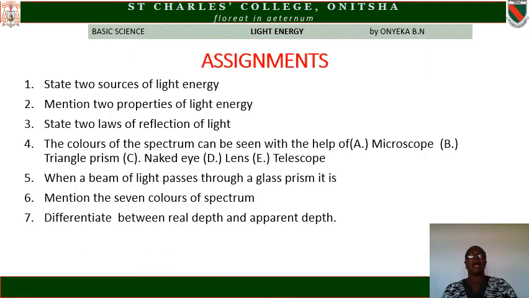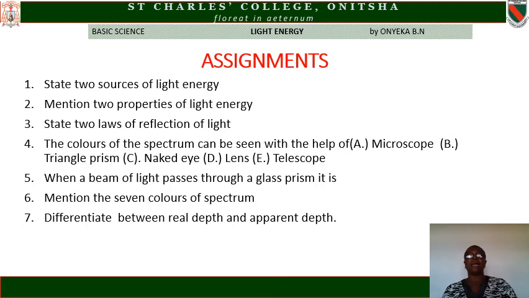Assignment. 1. State 2 sources of light energy. 2. Mention 2 properties of light energy. 3. State 2 laws of reflection of light. 4. The colors of the spectrum are seen with the help of: A. Microscope. B. Triangular prism.